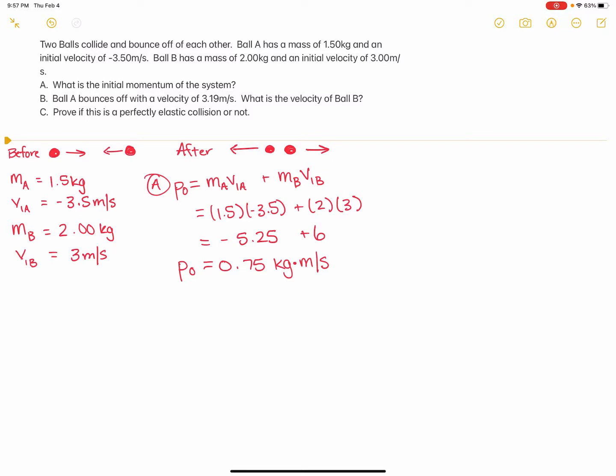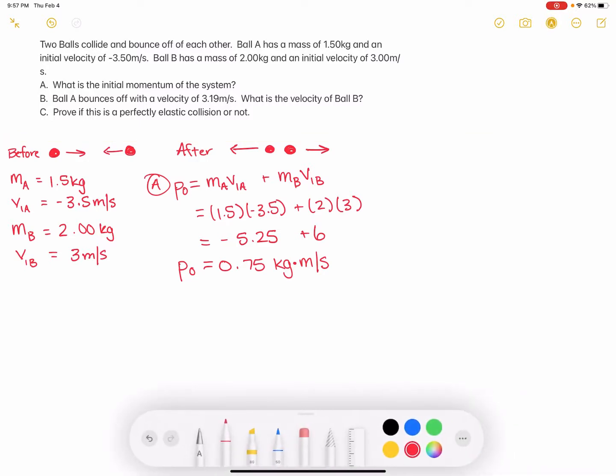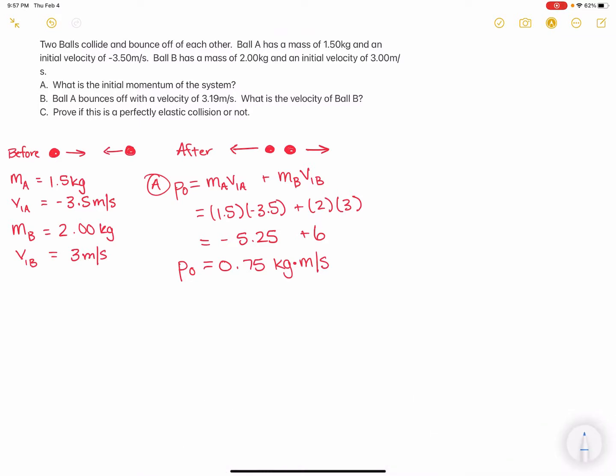Now, in part B, they're giving us some more information. So now they're saying that ball A is bouncing off with a velocity of 3.19.